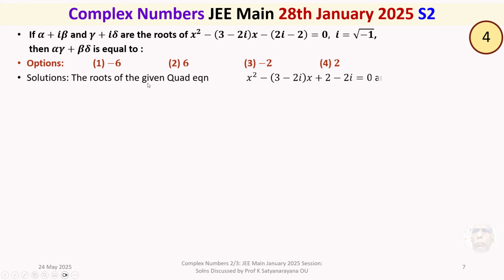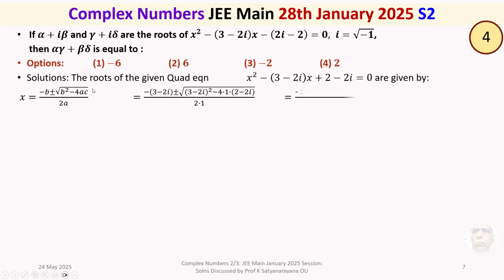The roots of the given quadratic equation, x square minus (3 minus 2i) x plus 2 minus 2i, are given by x is equal to minus b plus or minus the square root of b square minus 4ac by 2a.